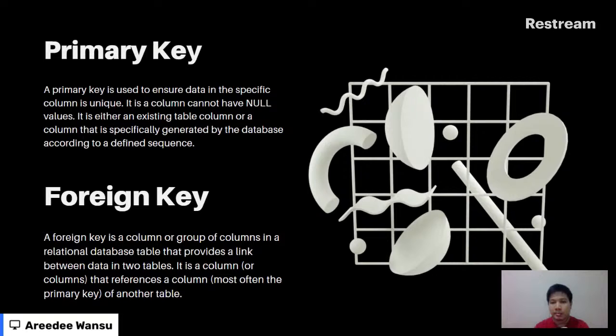A primary key never accepts null values, whereas a foreign key may accept multiple null values. You can only have a single primary key in a table, while you can have multiple foreign keys in a table.